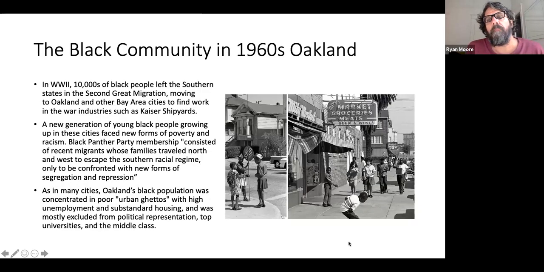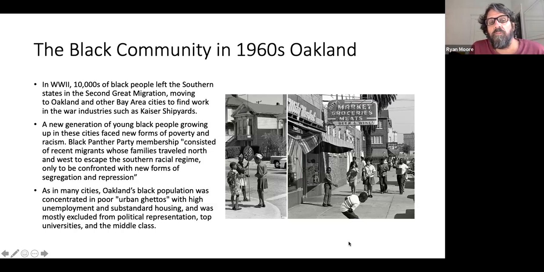So to understand the Panthers and how they came about, you have to situate them within the changes that were going on in Oakland in the period after World War II, and the situation of the Black community that was growing within Oakland in the 1940s, 50s, and 60s.